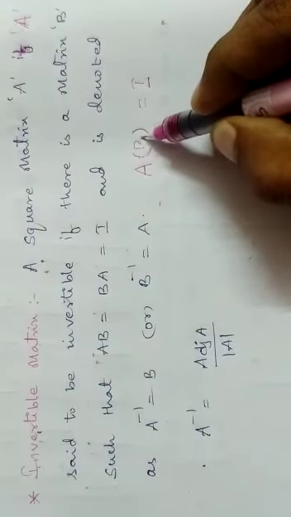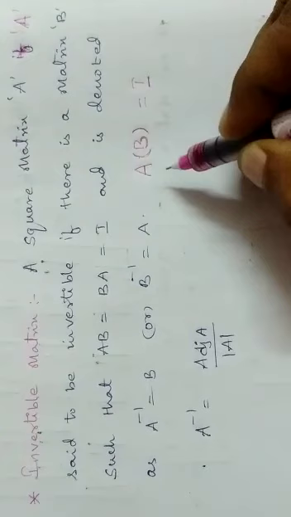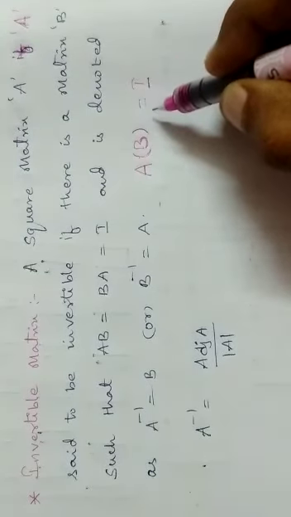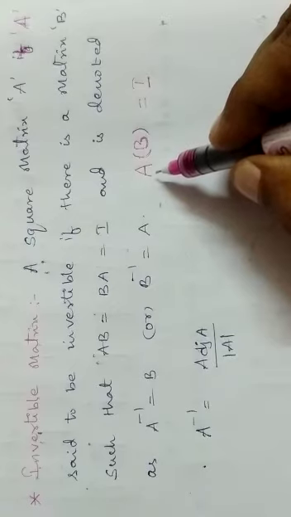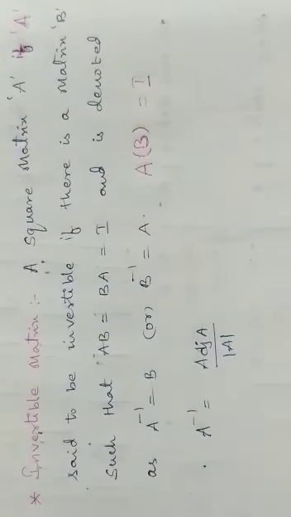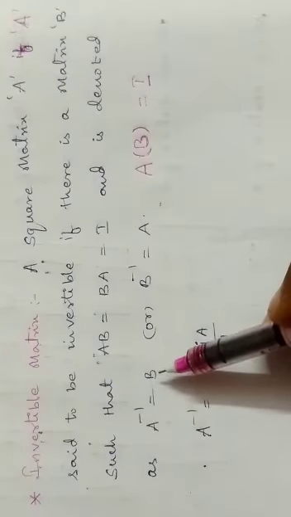If I multiply with the B matrix, if I get the result as I, then we say A is invertible and is denoted as A inverse equal to B.